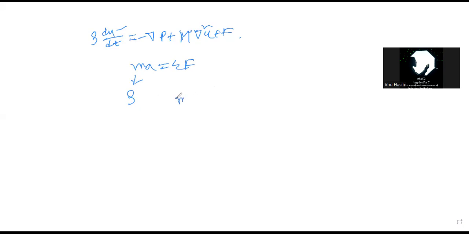So rho is m divided by v, and v is equal to 1. So rho is the m, okay?